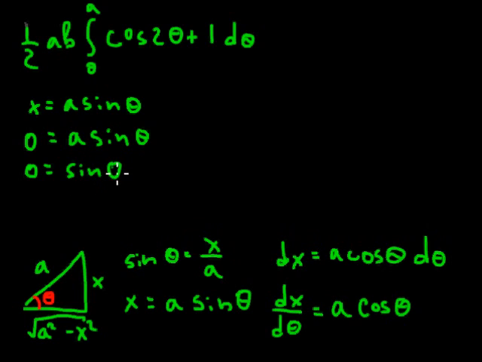And when does sine theta equal 0? When theta equals 0. And so this is how we find our new lower limit, and let's find our upper limit. When x equals a, we want to know what theta is.